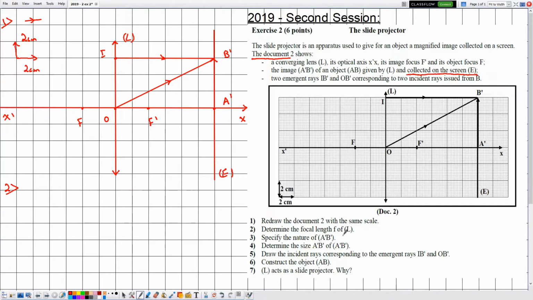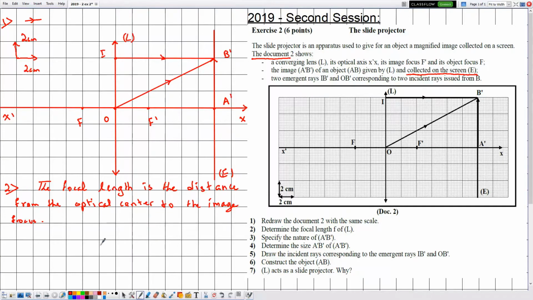Now in number 2 they are telling me to determine the focal length f of L. So we know the position of the optical center O and the position of the image focus, so we can calculate graphically the focal length referring to its definition, which is the distance from the optical center to the image focus.